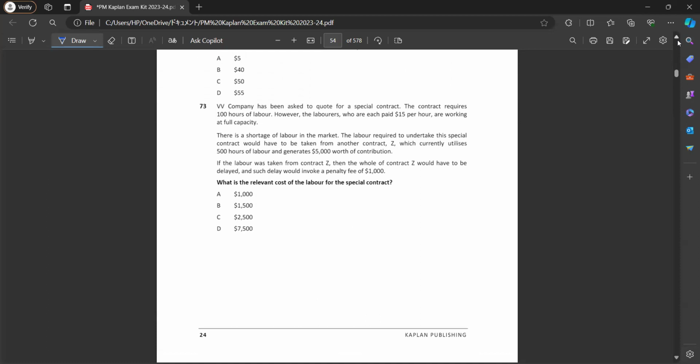However, the laborers who are each paid $15 per hour are working at full capacity. There is a shortage of labor in the market. The labor required to undertake this special contract would have to be taken from another contract Z, which currently utilizes 500 hours of labor and generates 5,000 worth of contribution. If the labor was taken from contract Z, then the whole of contract Z would have to be delayed, and such delay would invoke a penalty fee of 1,000. What's the relevant cost of the labor for the special contract?